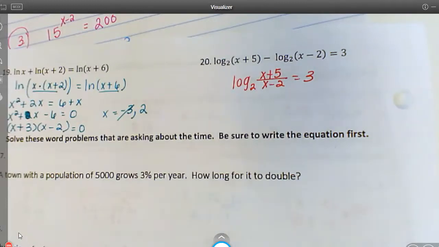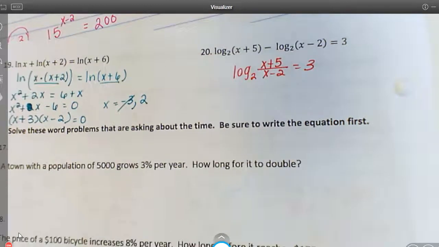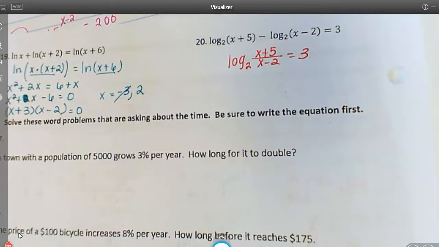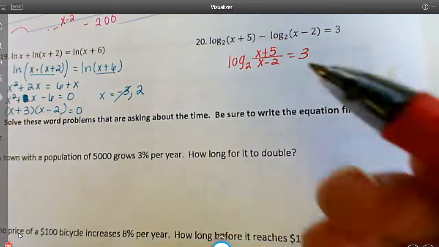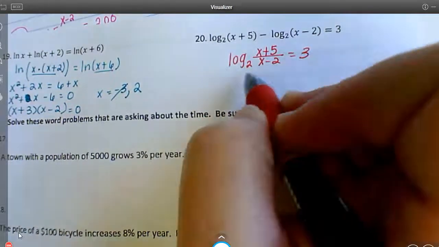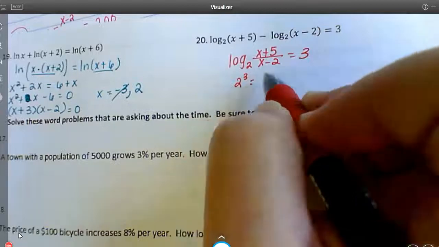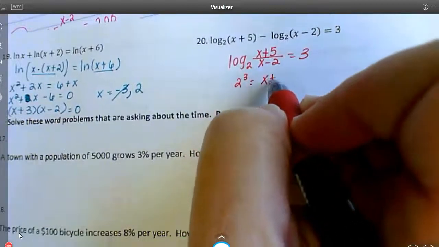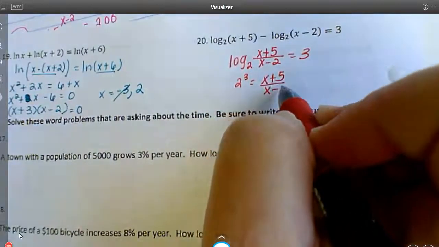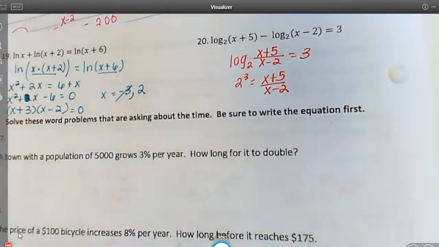I only have one log, but this is that first kind of problem where I'm going to rewrite it in exponential form. So I'm going to do 2 to the third equals whatever we're taking the log of. Now to solve that, this is a cross multiplying kind of problem.